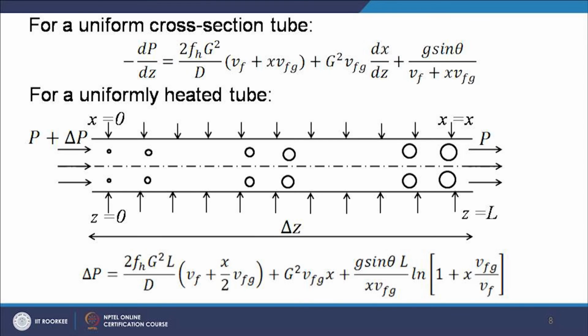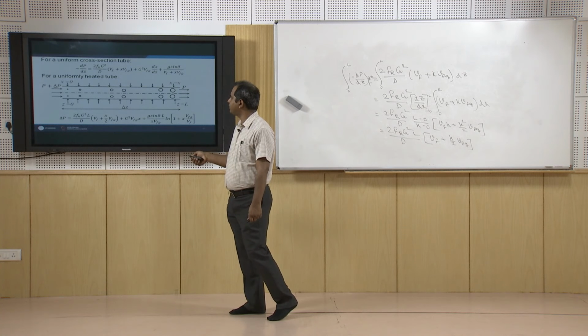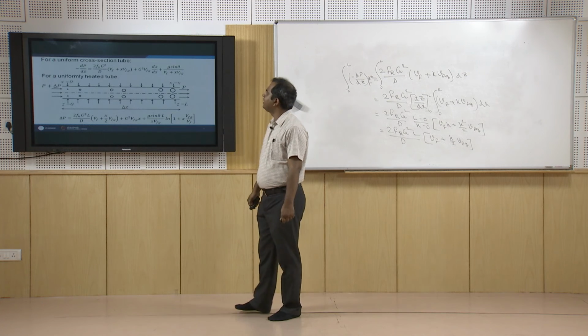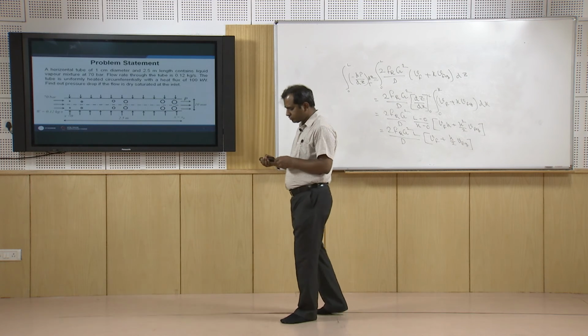So, we are getting x over here, and for the term g sin theta, Vf plus x Vfg, if we integrate, then we will be getting this term. So, this is a situation where we are having gravitational pressure drop with respect to the phase change whenever present. Right. So, this is the final result we get for the pressure drop inside a pipeline which is uniformly heated. Right. Next, let us try to solve a problem.